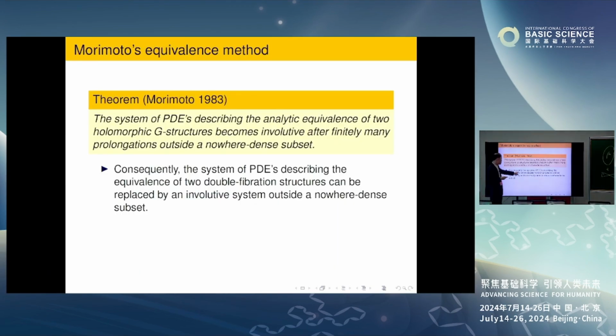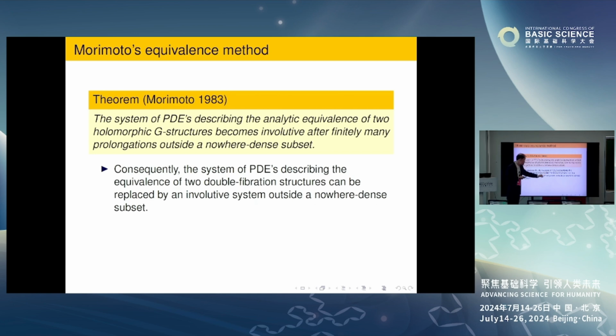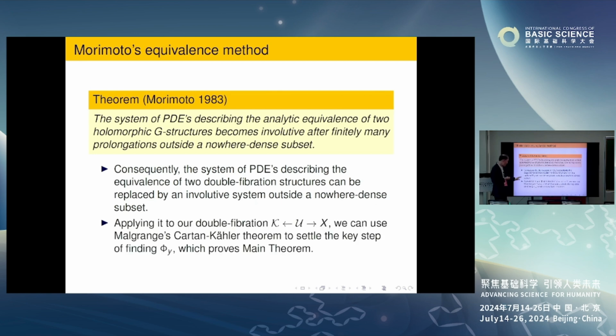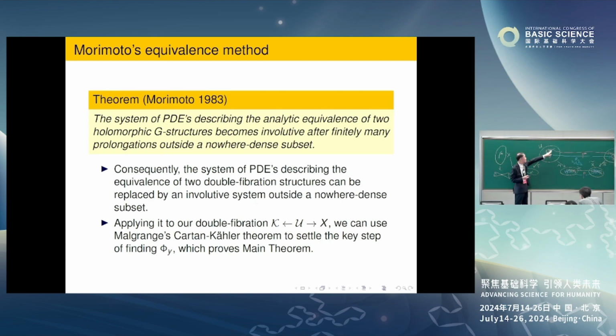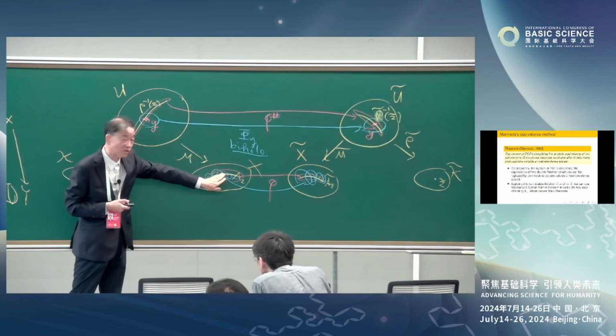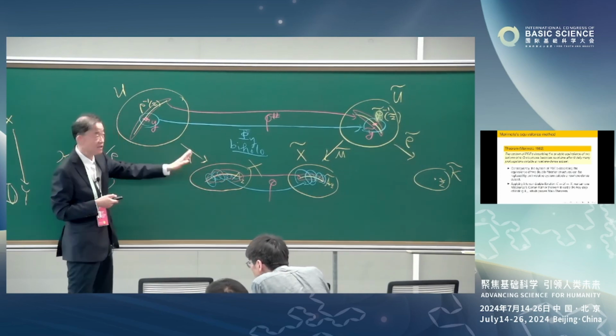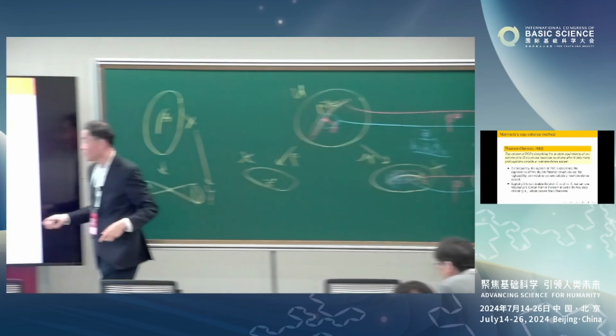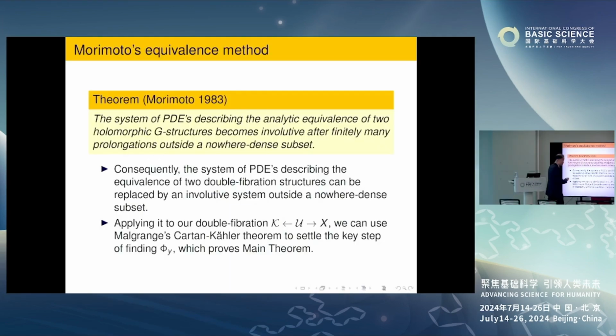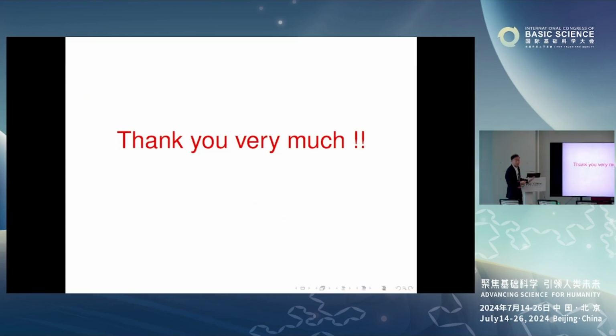So in particular, the system of PDEs describing the equivalence of double fibration becomes involutive at a general point. So we can apply this at a general point. And that's why I need the condition that not the submanifold itself, but a sufficiently general deformation of the submanifold satisfies this condition. That's how we prove the result. Thank you very much.